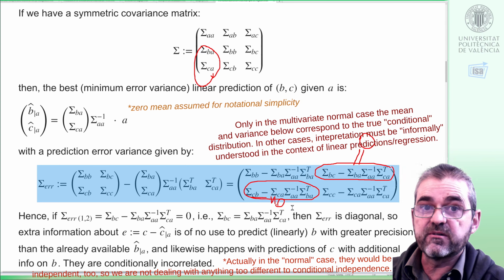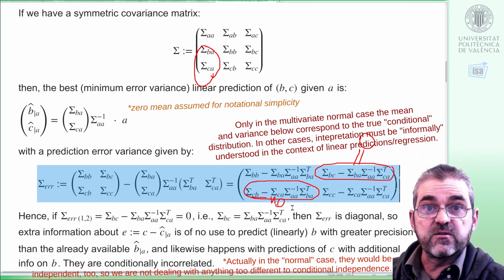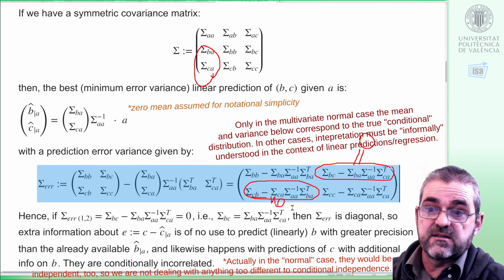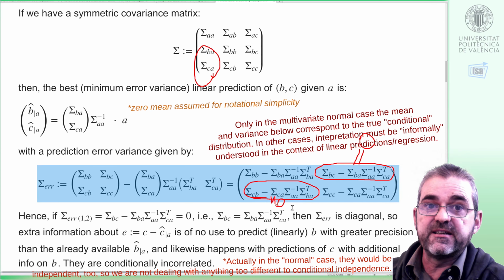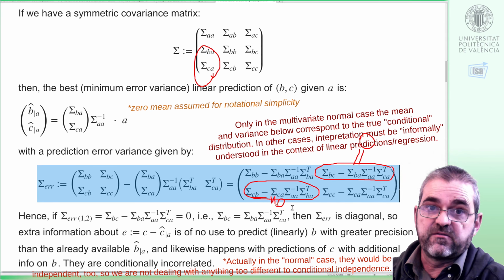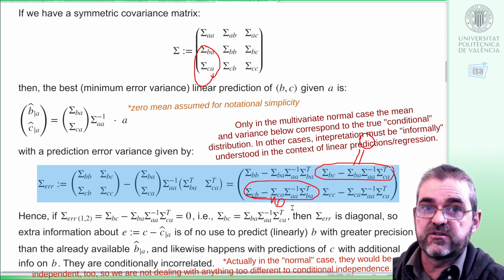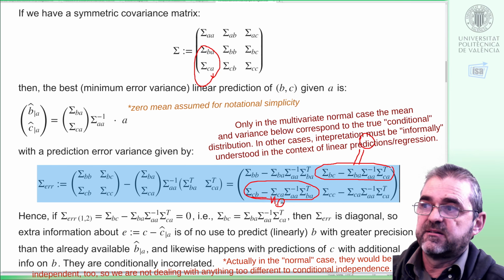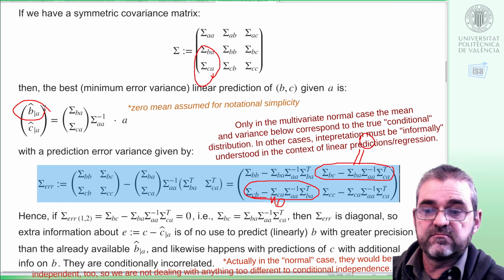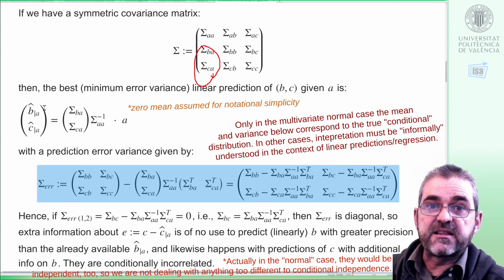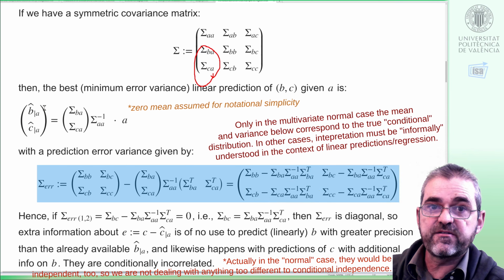If this remaining correlation is zero, it means that once I know A, further information about B will be useless to improve my prediction about C, at least when I speak about linear predictions. Vice versa, further information about C will not allow me to give a better linear prediction of B than the one I already have. So this is the particularization of the conditional independence stuff to only conditional uncorrelation when we wish to make linear predictions.